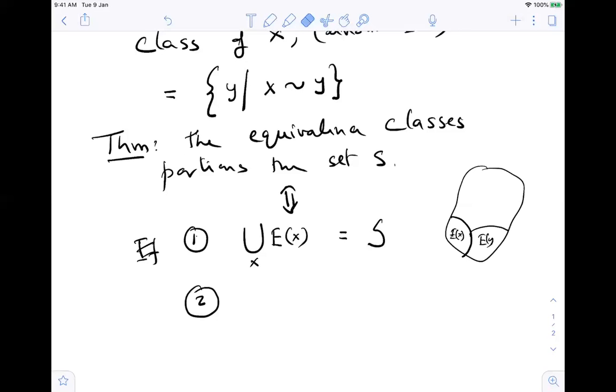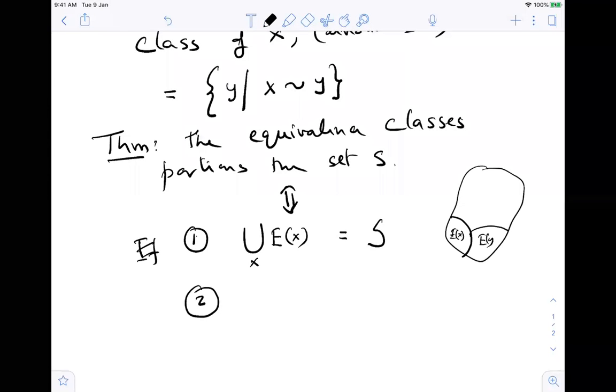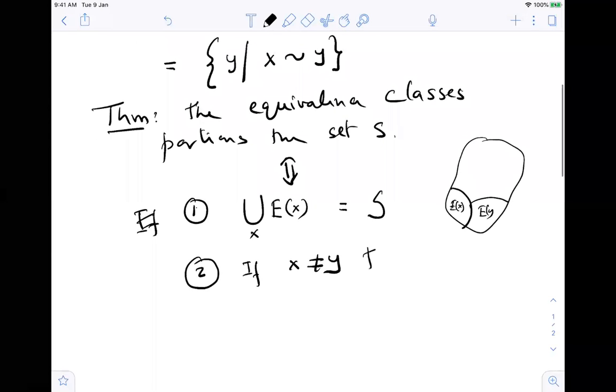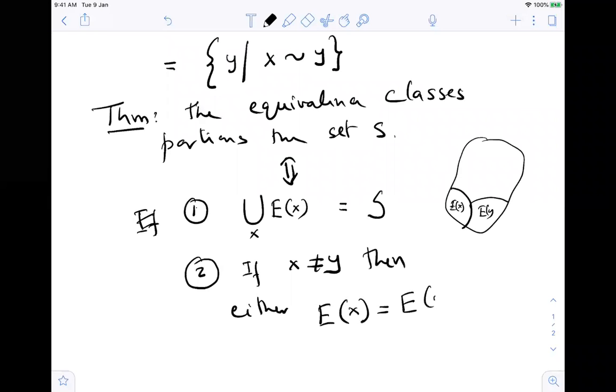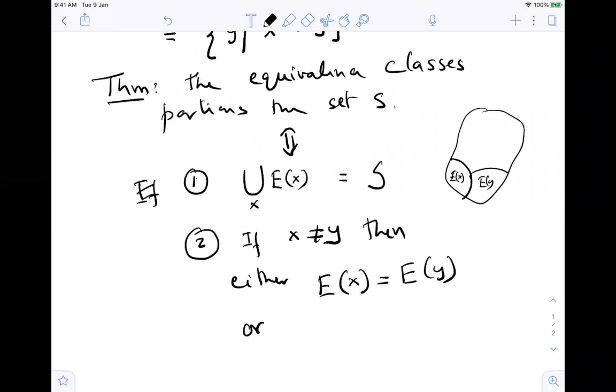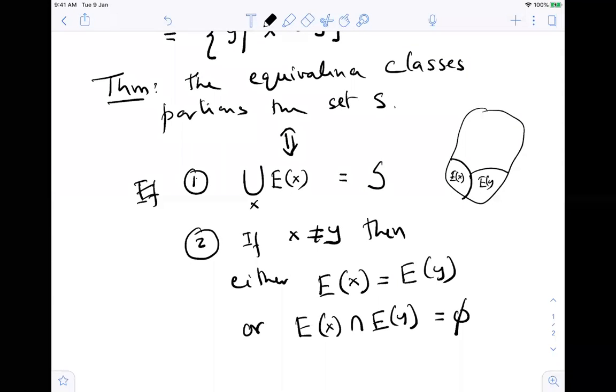So if x is not equal to y, then either the equivalence class of x is equal to the equivalence class of y, or the equivalence class of x does not intersect the equivalence class of y, meaning the intersection is empty. Clear?